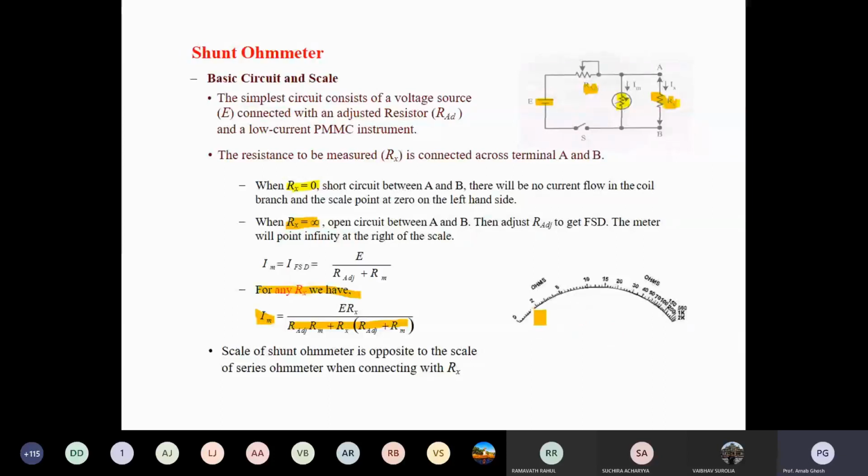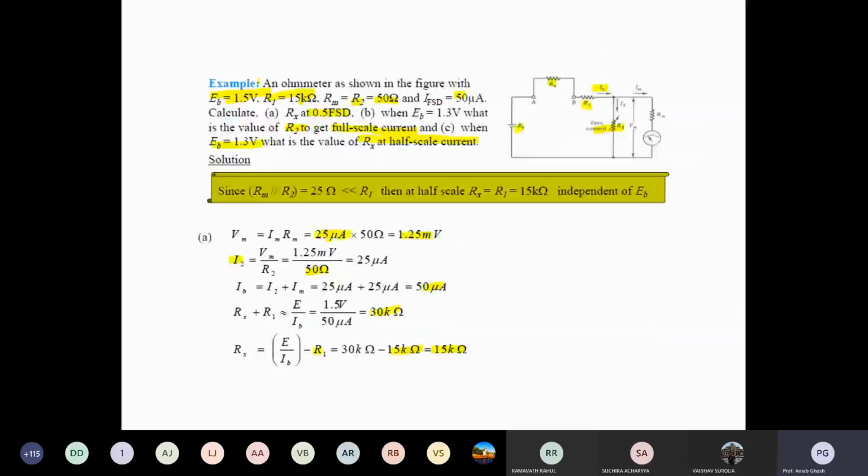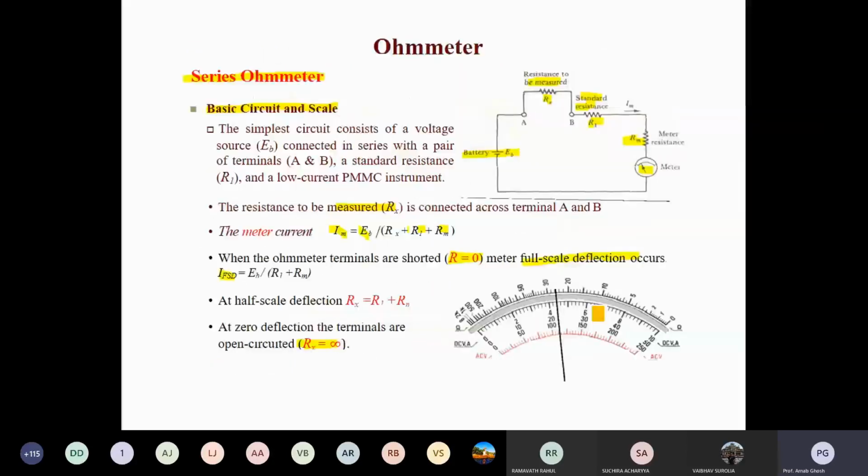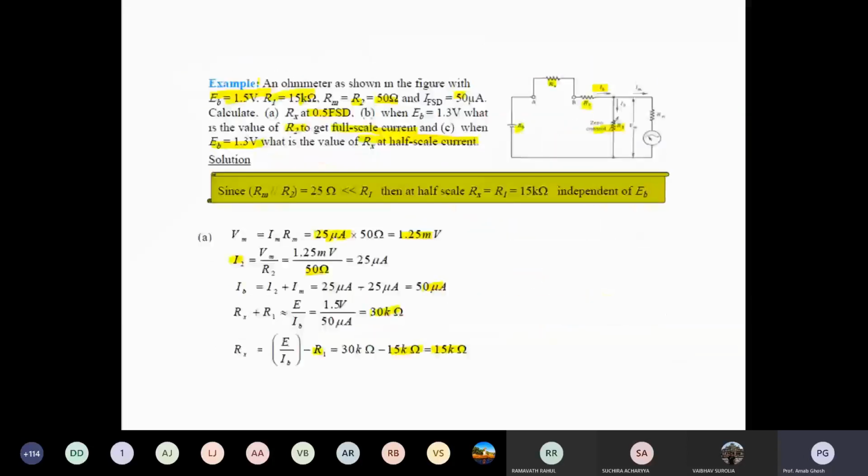Here the outer side, the higher end of the scale, is concentrated compared to the lower side of the scale. For the series configuration it was different: initially it was concentrated, and finally it is different. The reverse thing you can observe in the shunt case.